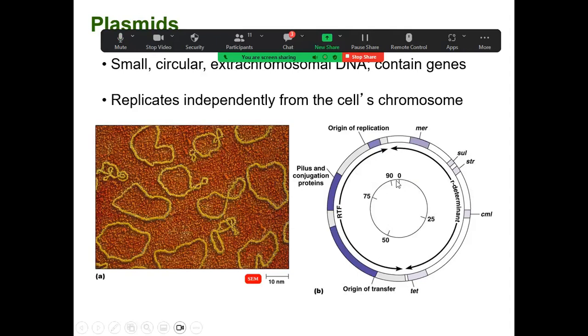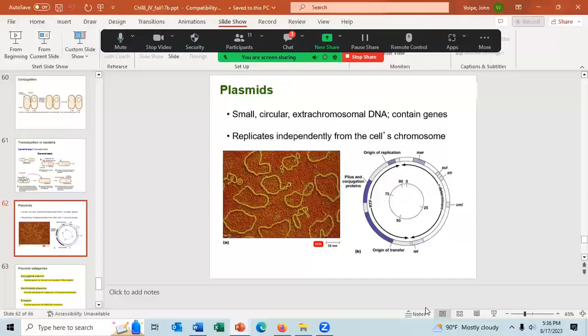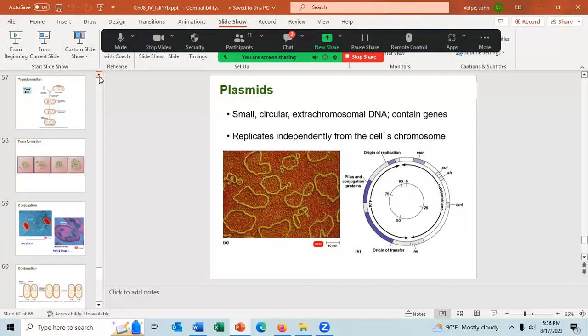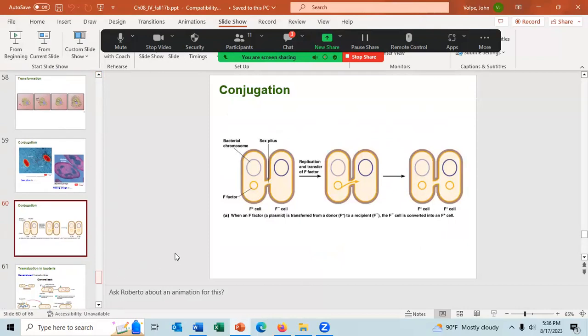Plasmids do replicate independently of the cell's chromosome. We actually saw that here, and I did mention it right there. This plasmid is replicating independently of the chromosome, making a copy of itself, and then one copy moves into the F- cell, changing it to an F+ cell.